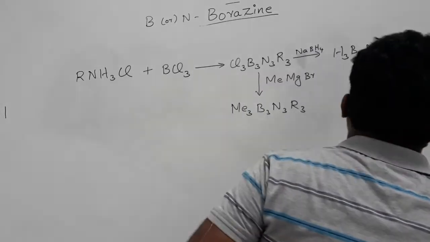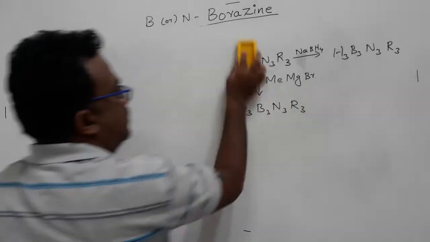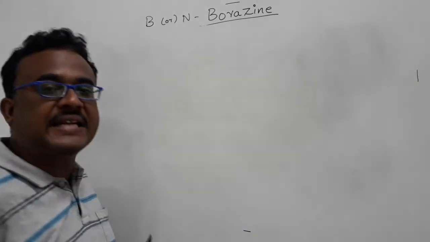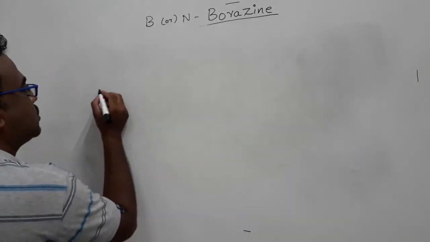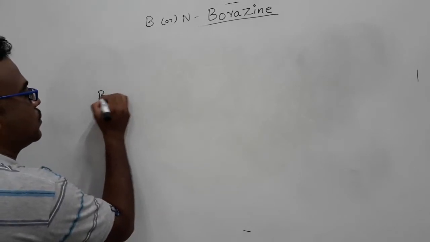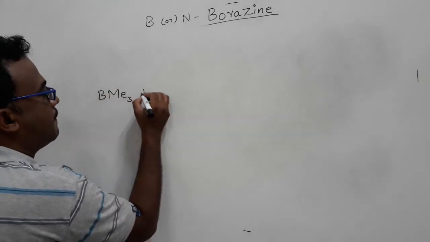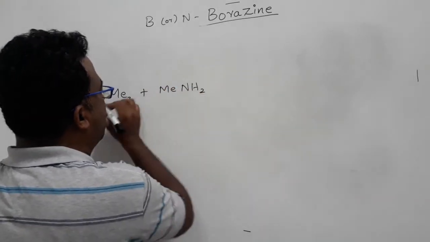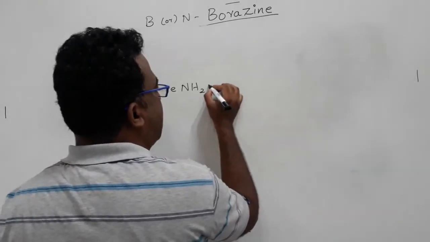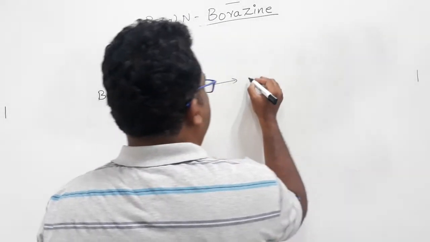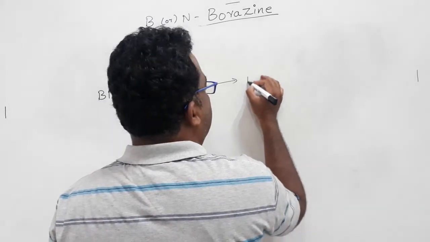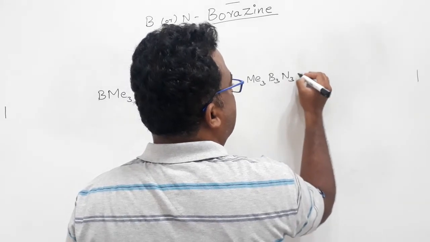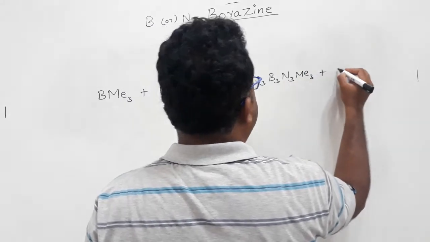What about a completely methyl substituted compound? I mean, both boron and nitrogen having methyl groups, that also can be obtained. For example, you use trimethyl borane plus methyl amine. If you react these two, you can get Me3B3N3Me3 plus methane.